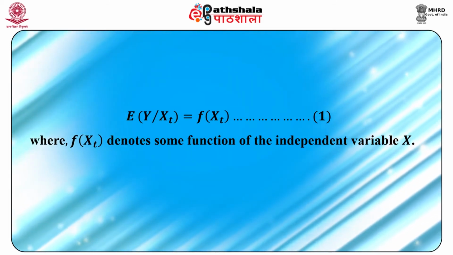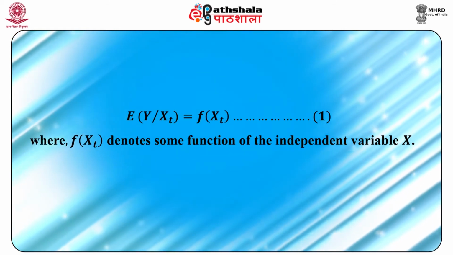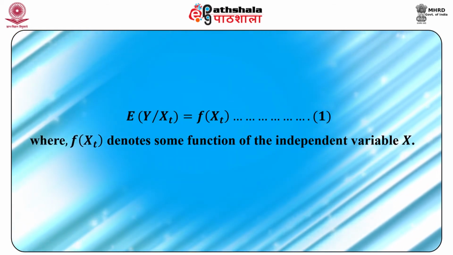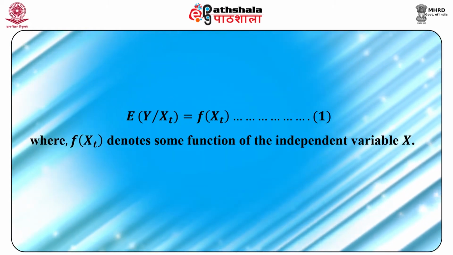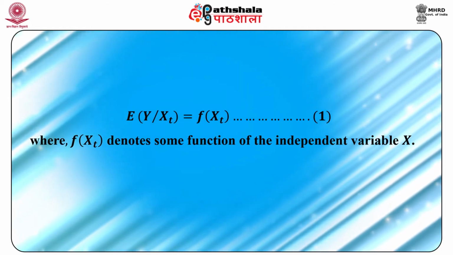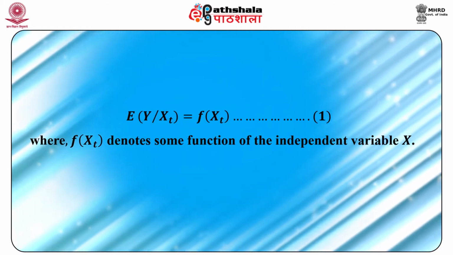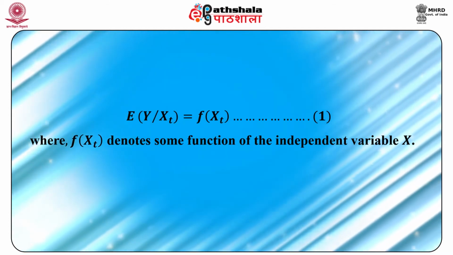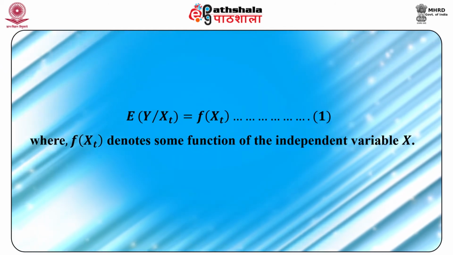So this equation 1 is also known as a conditional expectation function, which in abbreviated form we write as CEF, or also known as the population regression function. Now this function tells us how the expected value of the distribution of y is related functionally to the value of xt in some way.